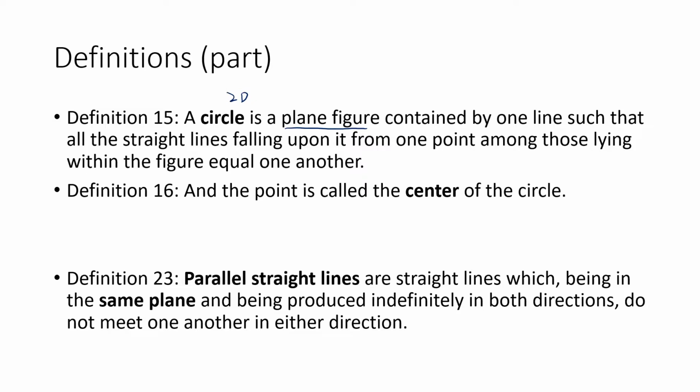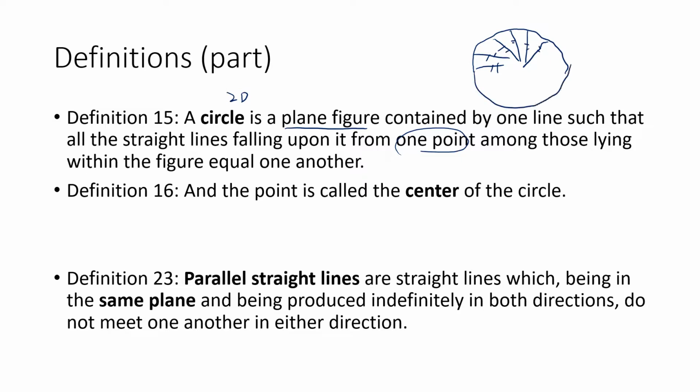So the circle is a plane figure where all the straight lines falling upon it from one point among those within the figure are equal to one another. So basically, there's a line, and all the straight lines falling upon it from some point are equal to each other.